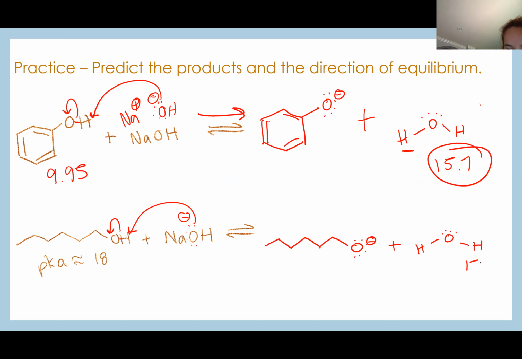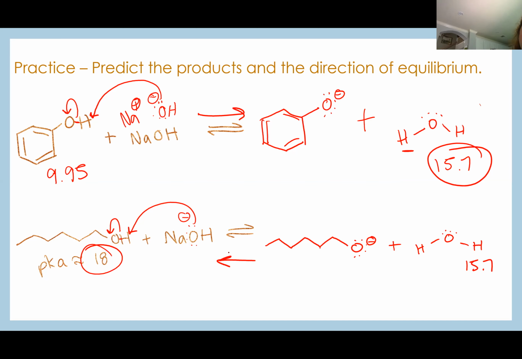And we know that the pKa of water is 15.7, and I give you a pKa of about 18 over here. So which acid is weaker, our hexanol or water? Hexanol. Right, so then which side of the reaction do we favor, the reactants or the products? Reactants. Right.